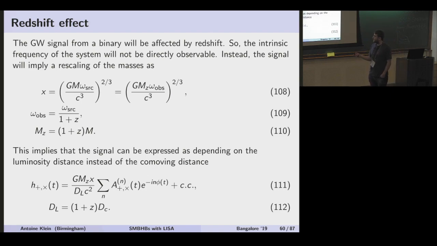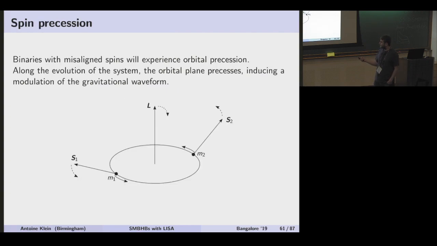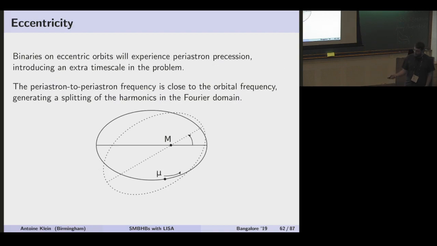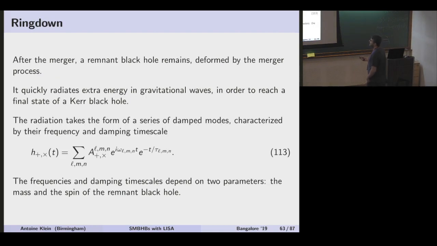What you measure are redshifted masses like this. We described the effect of spin precession, how it affects the waveform, eccentricity, and we looked at the gravitational waveform in the ringdown case after the merger.